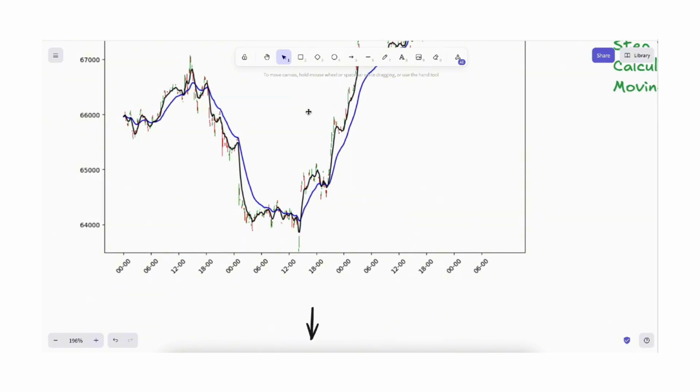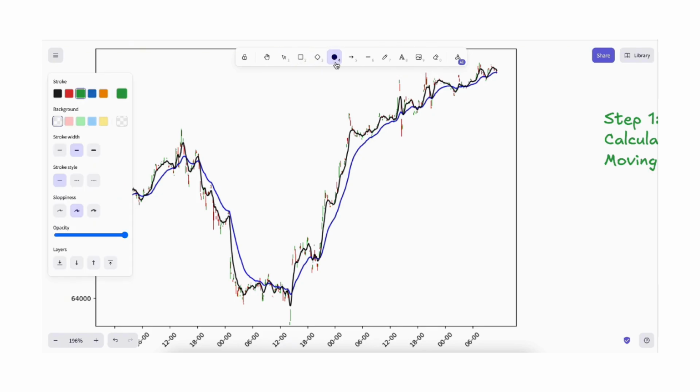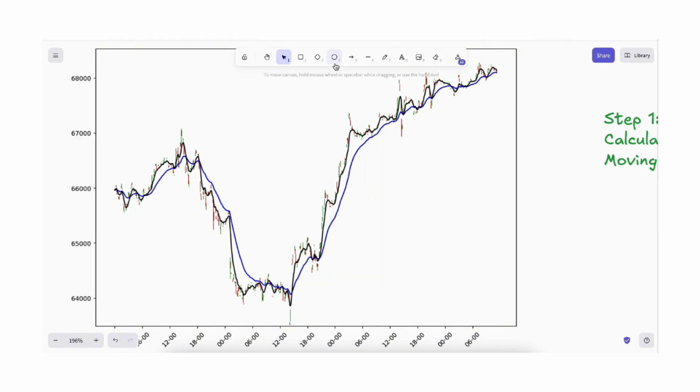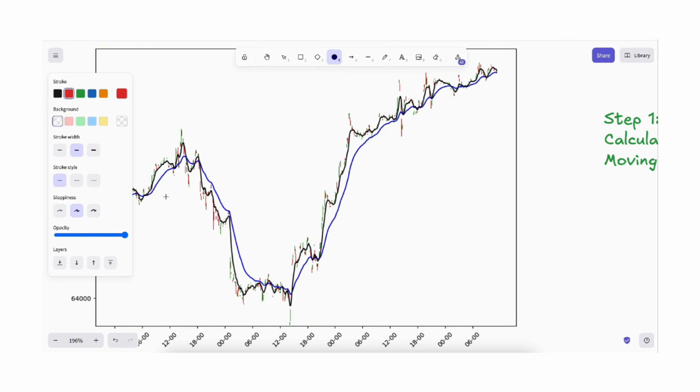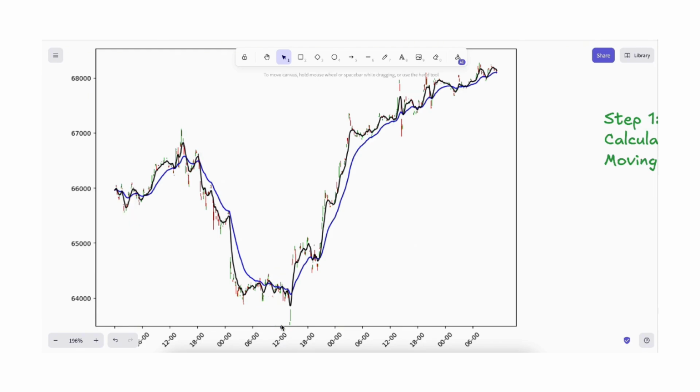So if you look closely at this price action here, you can see that there are these regions when the stock is bullish, and these are the places where the fast moving average is larger than the slow moving average. And then there are the cases where the price is bearish. This is a region where the price is bearish and the fast moving average is lower than the slow moving average. So the price is below its average value over a longer period of time.